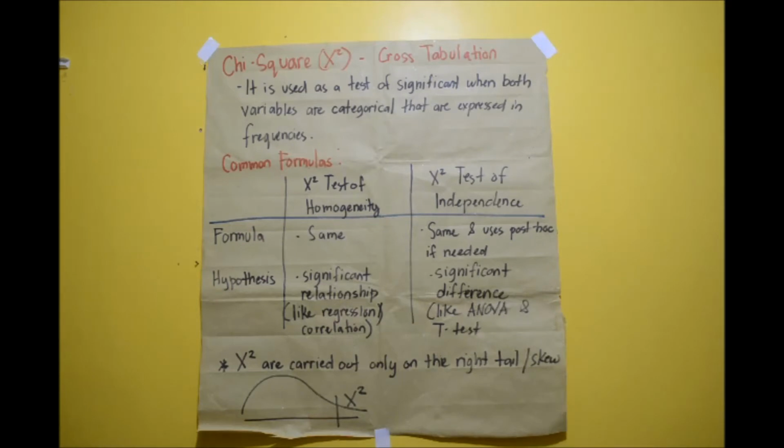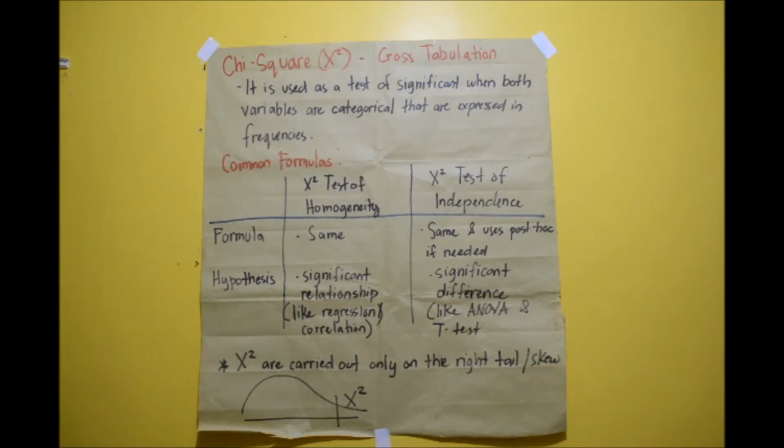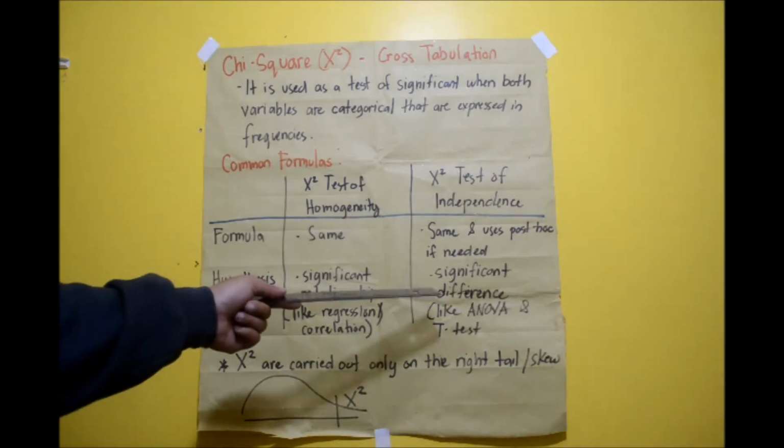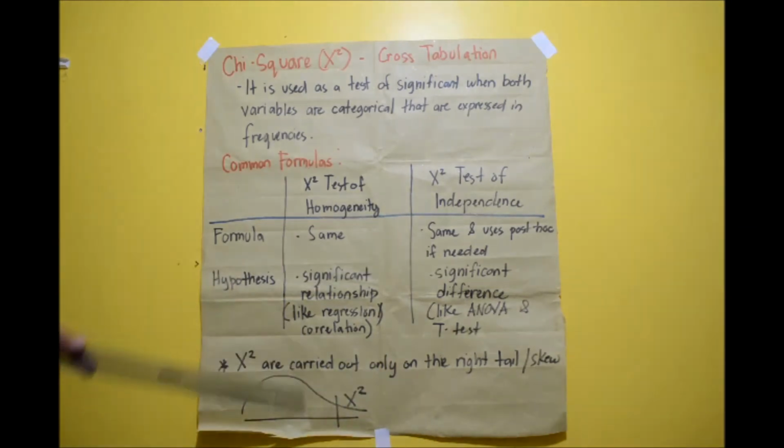Now for the chi-square test of independence, we will be using this if we want to determine the significant difference, just like ANOVA or t-test.